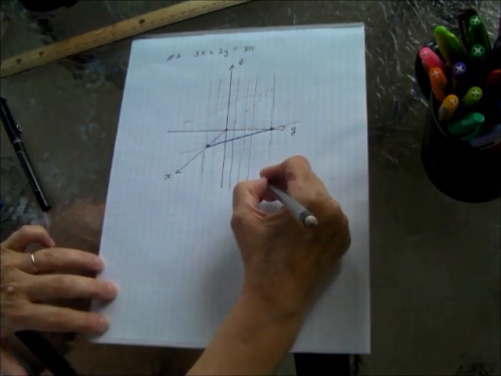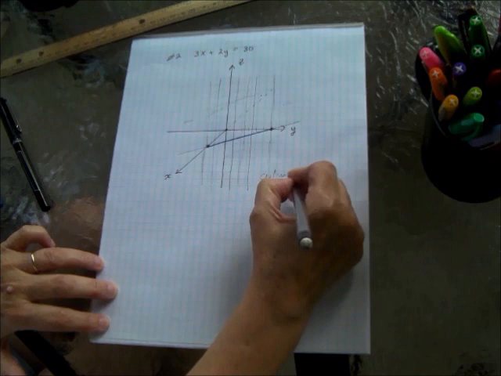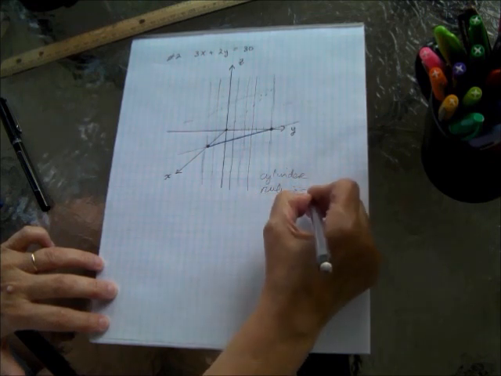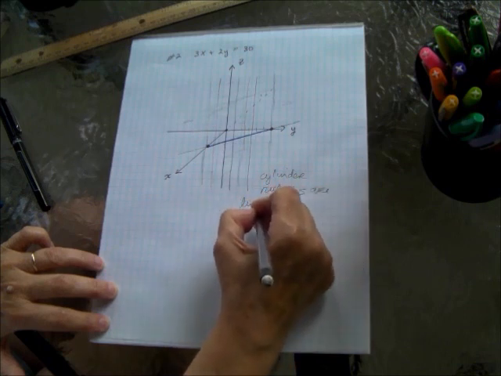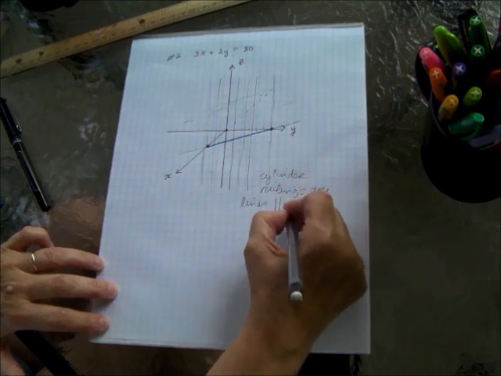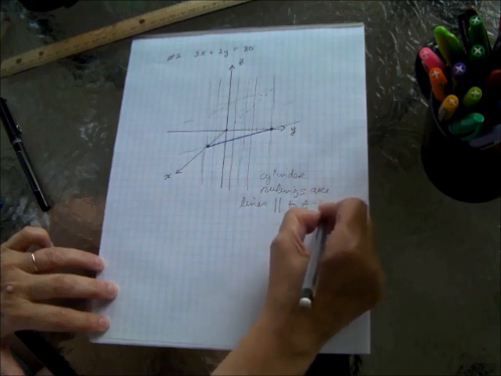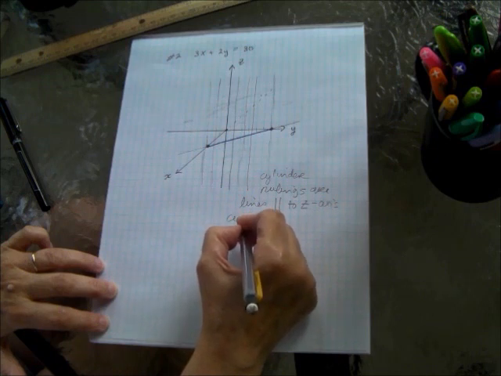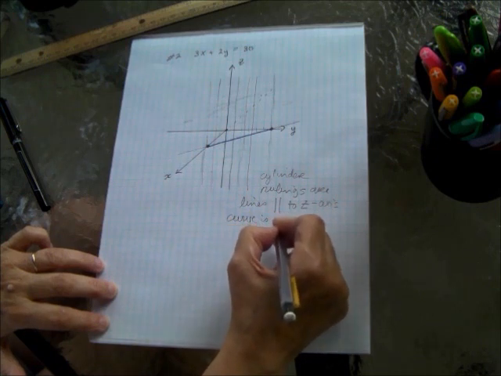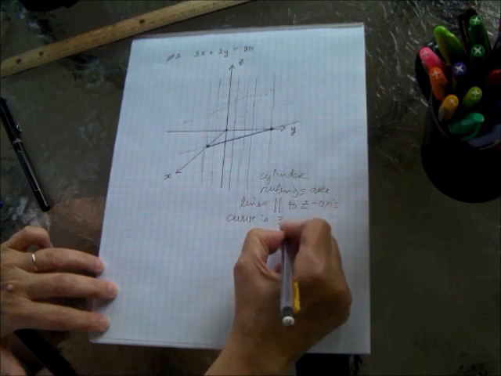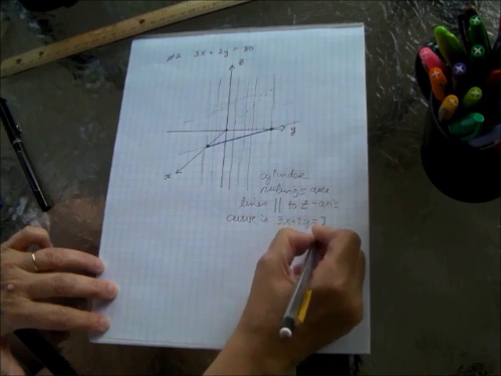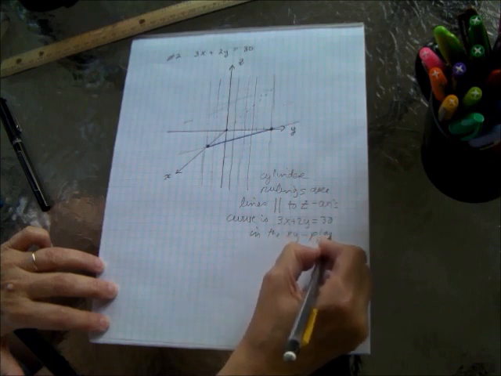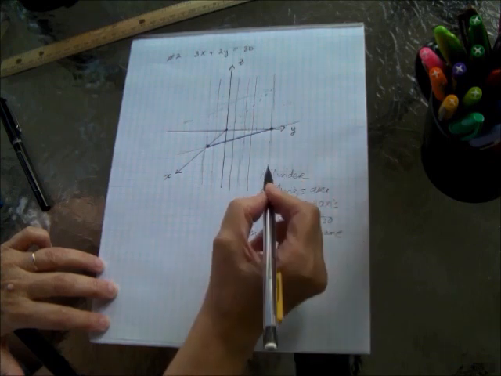And so this is a cylinder whose rulings are lines parallel to the z-axis, and the curve generating it is the line 3x plus 2y equals 30 in the xy plane. Sort of a flat cylinder.